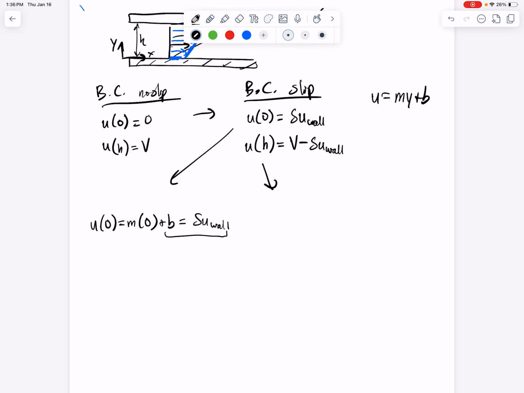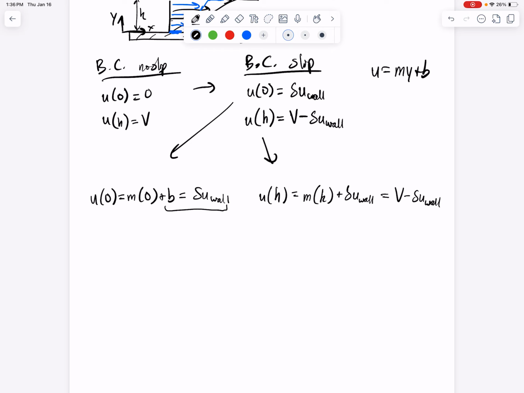Using our second boundary condition, we get the following. u(h) is equal to the slope times h plus b. And we know b is the slip flow, equal to the velocity of the moving plate at the top minus the slip flow.